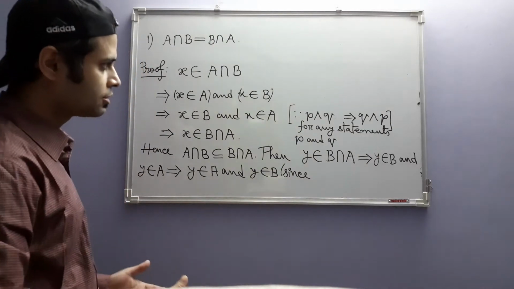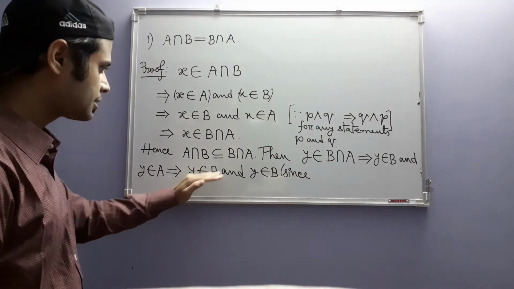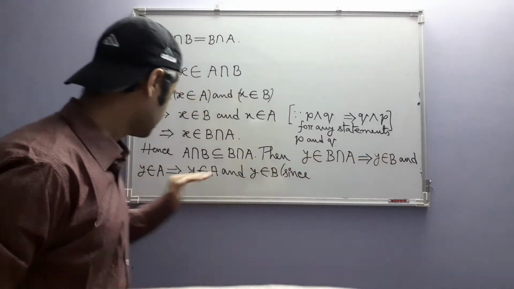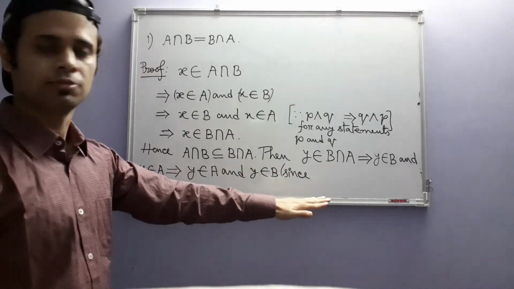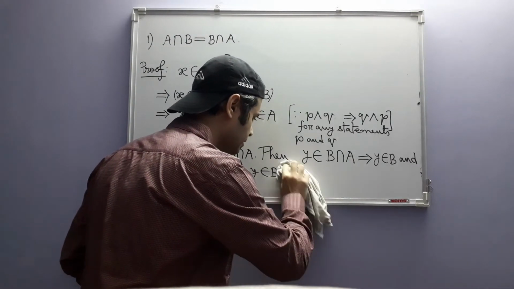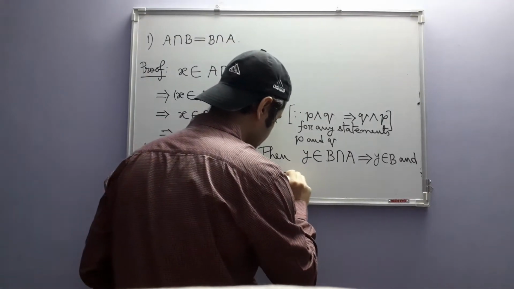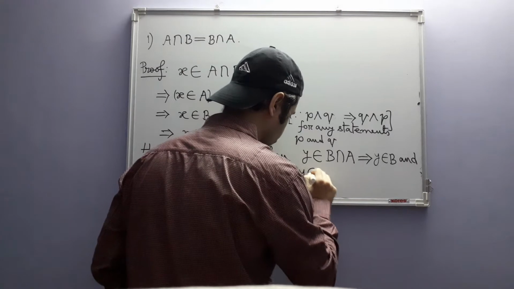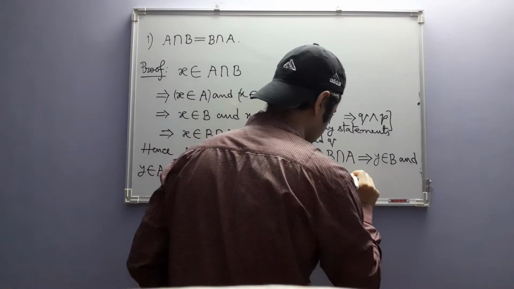Actually, the other one is also simply the same thing. If you treat this as P and this as Q, then the same thing is the reason for getting this one here also. So you get the point why this is happening, and this again implies y belongs to A intersection B.